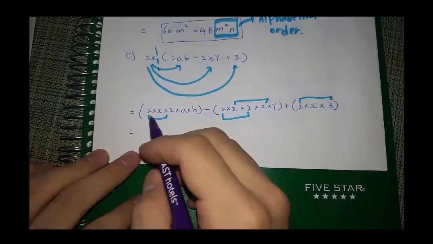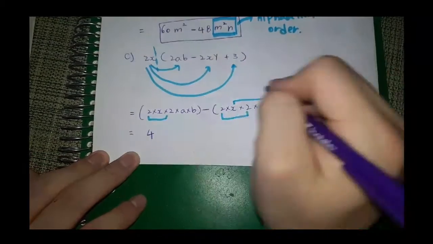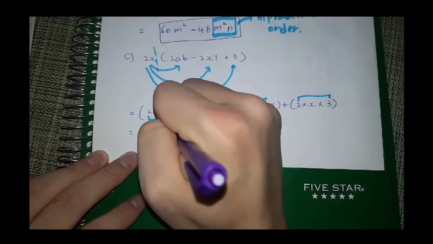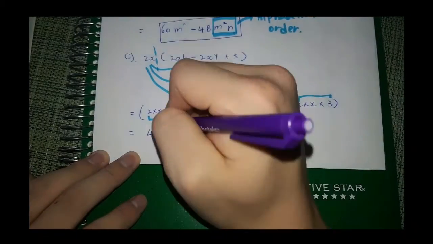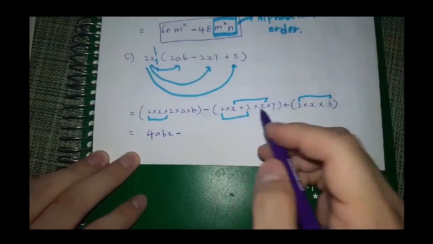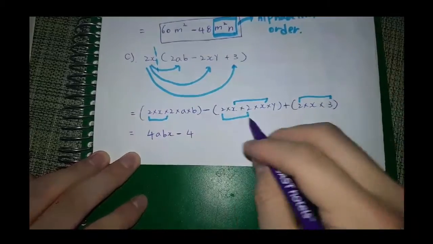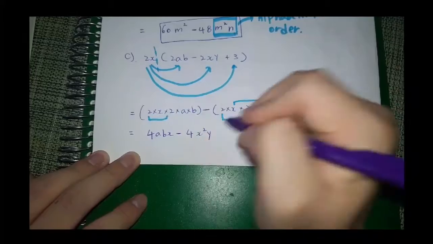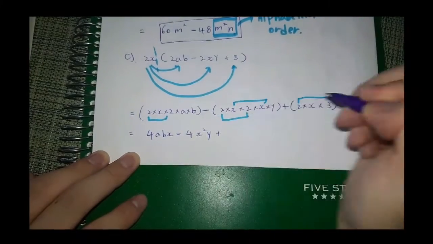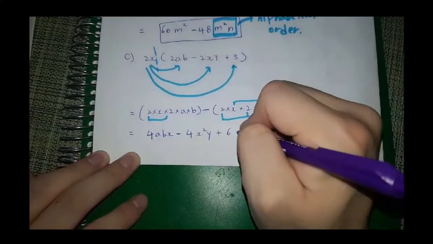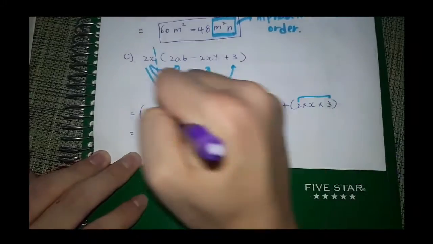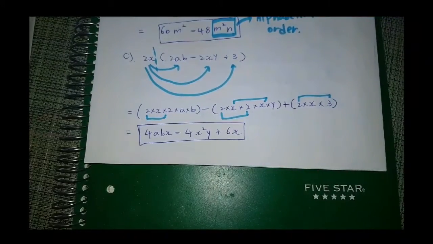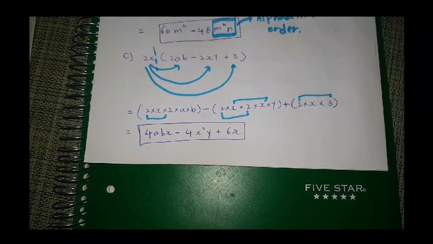So 2 times 2, that's 4, and alphabetical order, ABX, minus 2 times 2, that's 4, x times x, that's x squared. Then you have single out y plus 2 times 3, that's 6x. So ladies and gentlemen, we have our final answer, 4abx squared minus 4x squared y plus 6x.